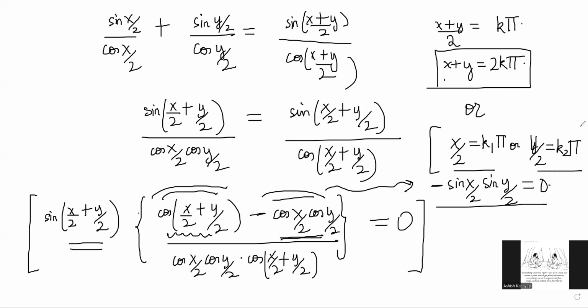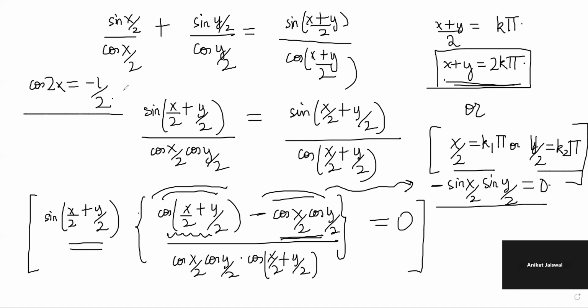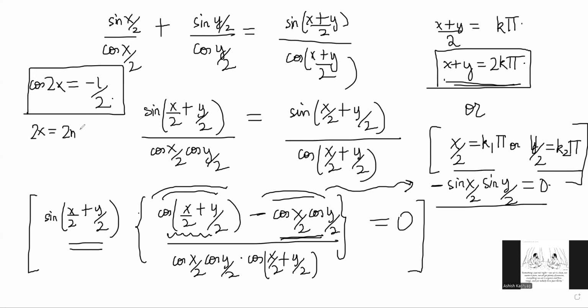That is one case. The other case is x plus y is this. And we have to do the intersection of this with also the solution of cos 2x is equal to minus half, right? So obviously cos 2x is equal to minus half gives us 2x is equal to 2n pi plus minus 2 pi by 3.